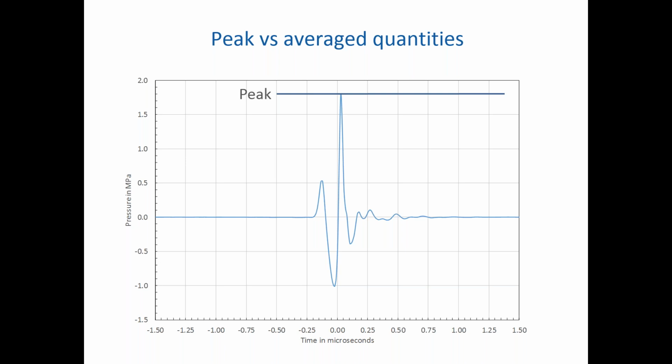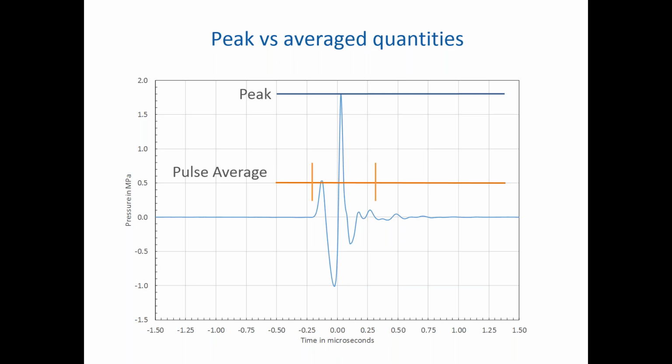So clearly, given that we've got a peak value, that's not necessarily representative of what's going on in the rest of the pulse. And in fact, if we start to look at what might be the pulse average value, we can see we get something much lower. And I've tried to provide an indication of the typical pulse duration.